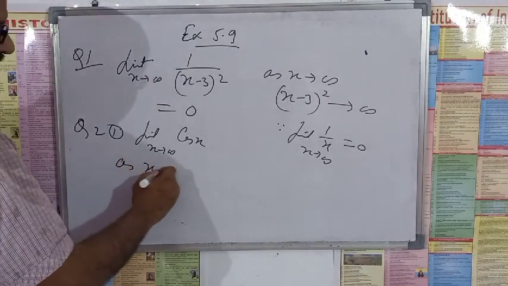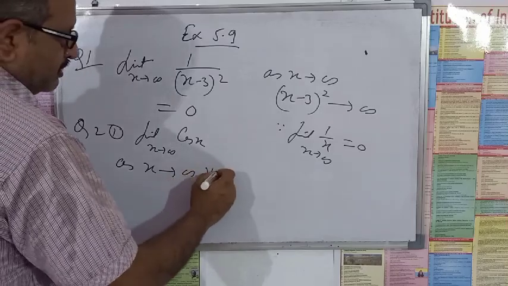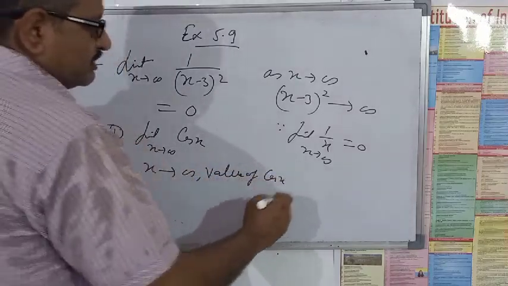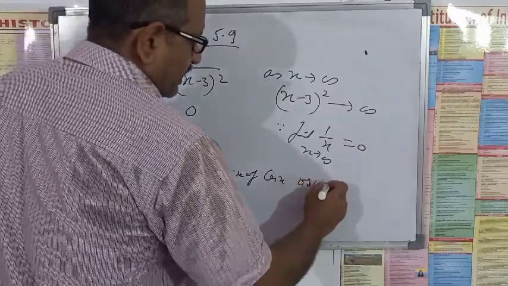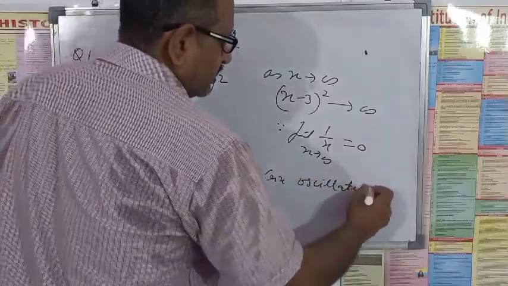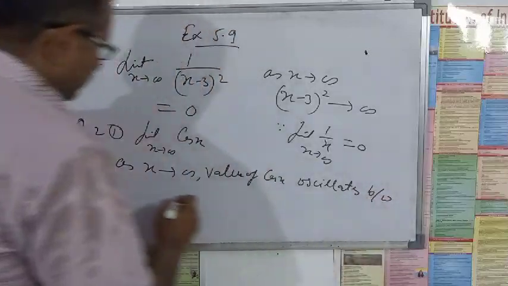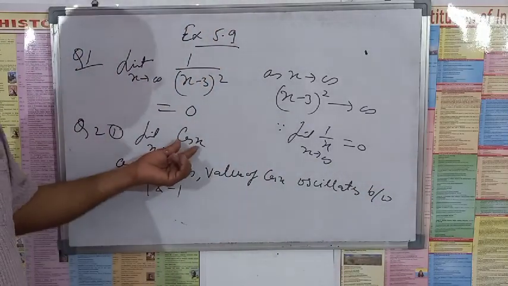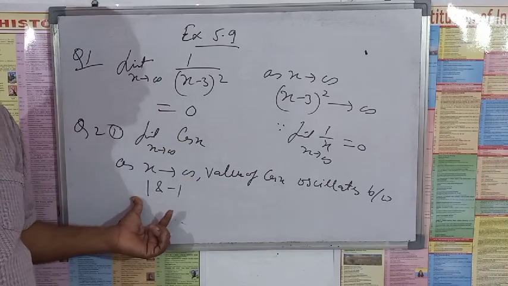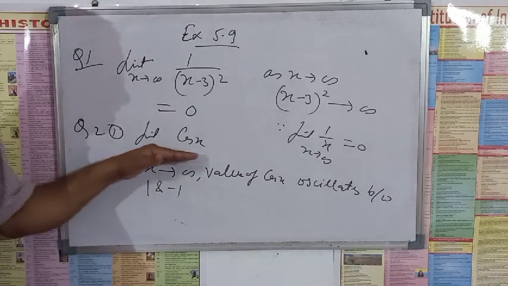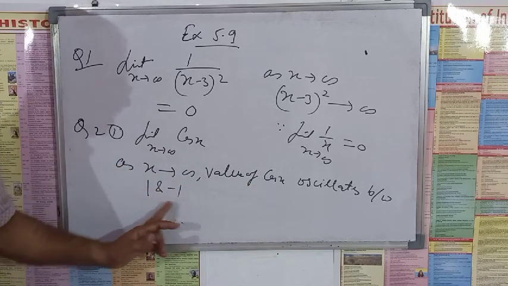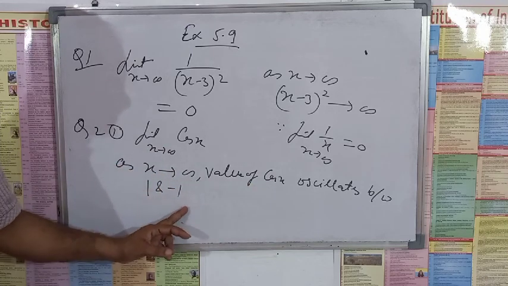The value of cos x oscillates between 1 and minus 1. We know that the range of cos x is from minus 1 to 1. So as x tends towards infinity, the value of cos x will oscillate between these two values, 1 and minus 1.